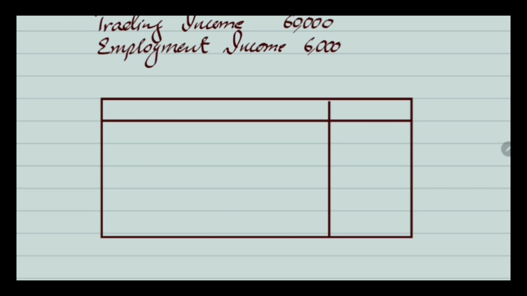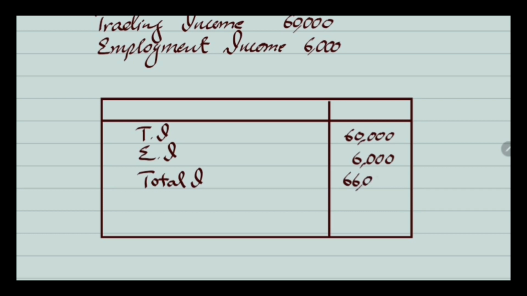Now what if that individual has a trading income of 60,000 and employment income of 6,000? In that case, again we need to record first the trading income, which is 60,000, add employment income, which is 6,000, and hence we'll get the total income of 66,000.